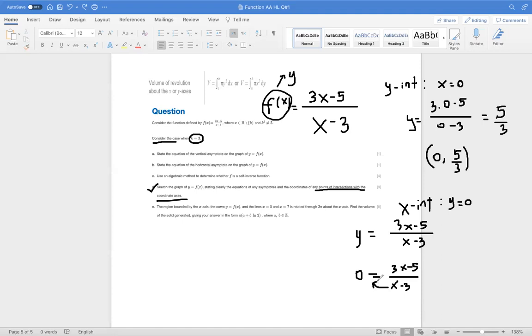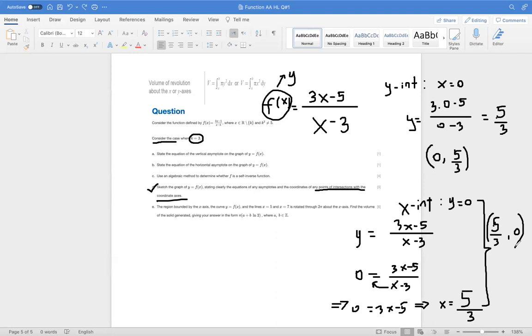Cross multiply them. 0 times x minus 3 will be 0. So from here, I'll get 0 equal to 3x minus 5. Move negative 5 to the left. x will be 5 over 3. Yes, 5 over 3. So I can conclude that my second point is 5 over 3, comma 0.